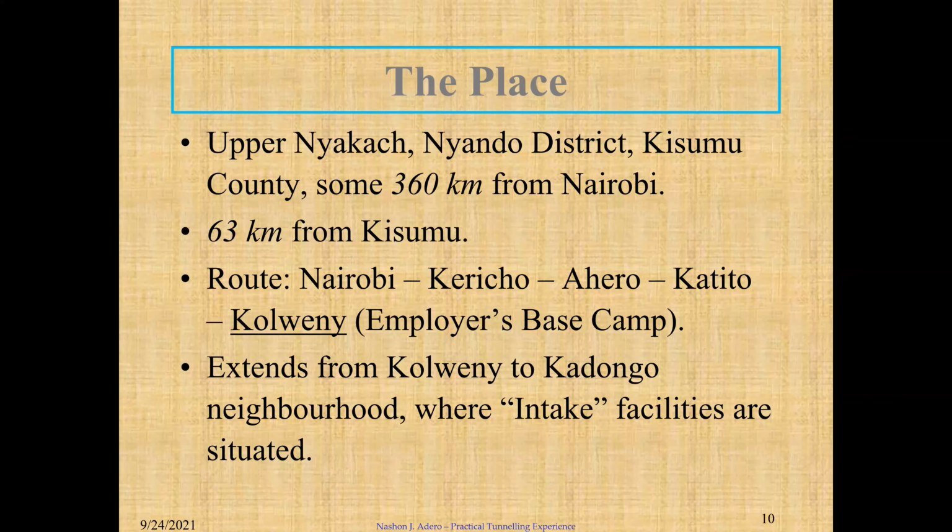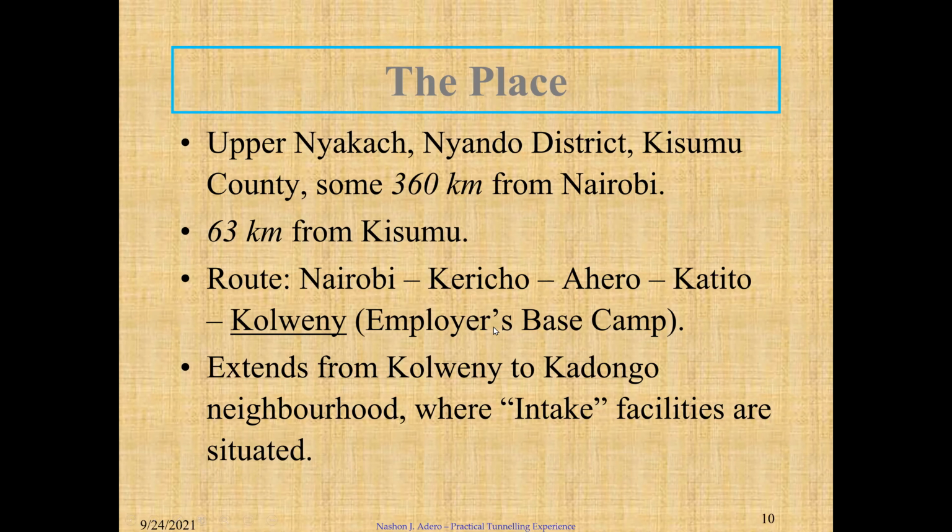In engineering works, we do have what we call the base camp, the employer's base camp, where the employer constructs buildings to house the consultant. The consultant in this case is also called the engineer. And in this case, it was, as we saw before, not Konoike, but the Nippon Koei company.